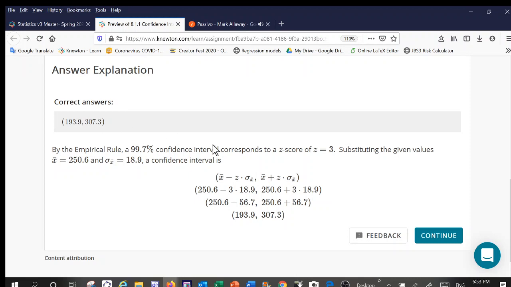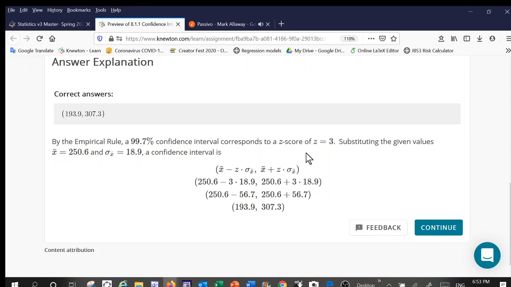So all we have to do is go 3 standard deviations to the right and to the left of the mean. And in this example, you don't have to find any z because z is given, z is 3, right? So we're not using normal distribution here, we are using empirical rule. 3 standard deviations to the right and 3 standard deviations to the left.